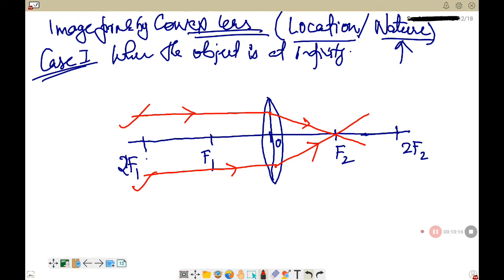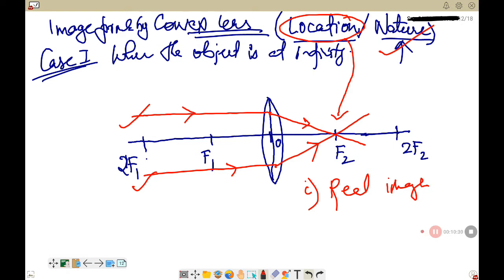So first of all we must know the location. Where is the image formed? On the second focus. Now let's learn about the nature. Now rays are actually meeting, so it is a real image. So the image is real. Are you getting my point? Clear? And here the image will be inverted.